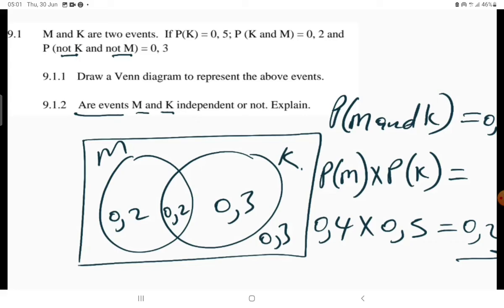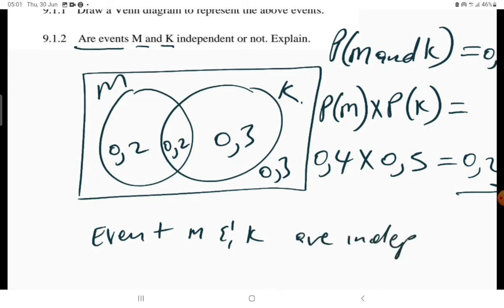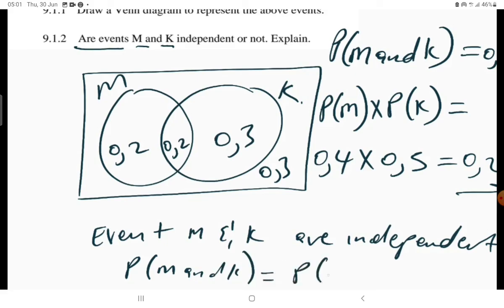So now we can conclude that event M and event K are independent, because the probability of M and K is equal to the product of their probabilities.